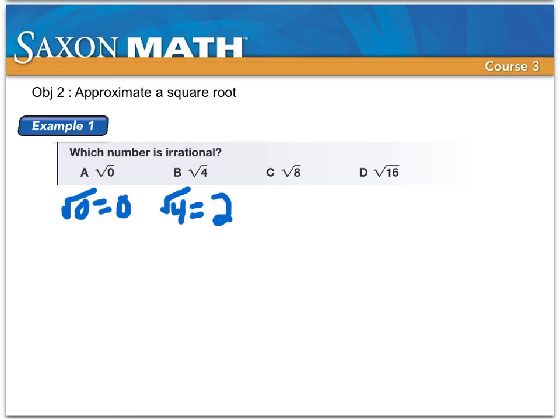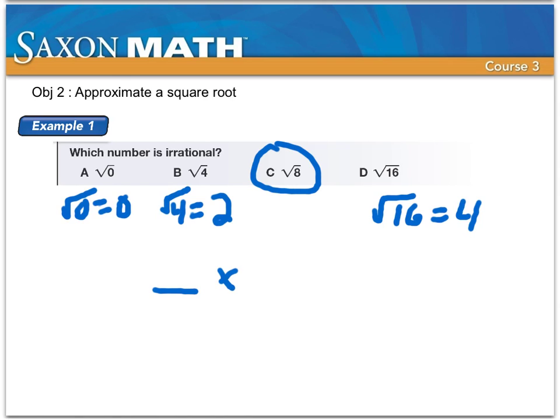D, we know that the square root of 16 equals 4, so it is rational. So the only number on here I don't know the square root of is C. That is irrational, the square root of 8. I don't know what times itself gives me 8, so that means it's irrational.